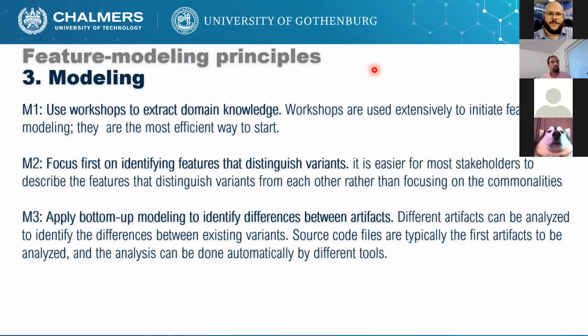Focus first on identifying features that distinguish variants. You don't want similar features or duplicate features or features that don't make any sense. They are not going to add any value when it comes to product distinction. The reason we add features to the feature model is to enable us to create variants.